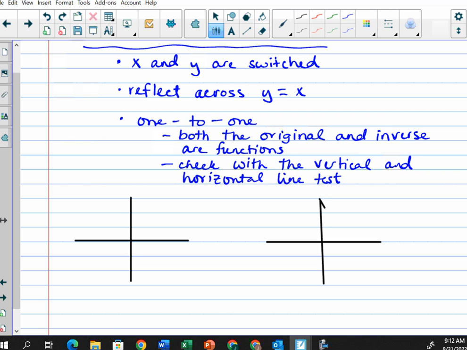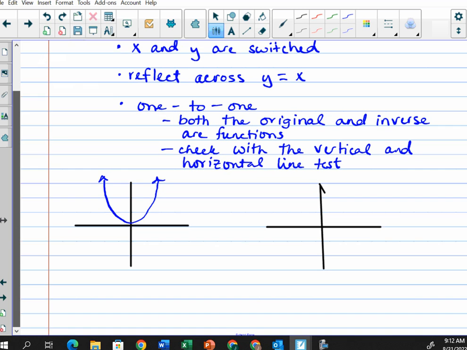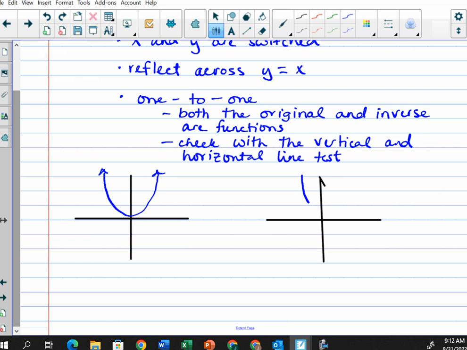I'm going to draw a couple functions here, and you guys tell me if they are 1-to-1 functions. And I'll explain if you have no idea if they are one-to-one. What do you think, guys?